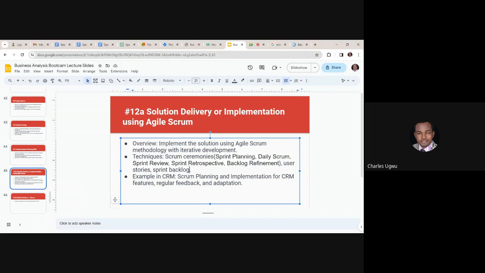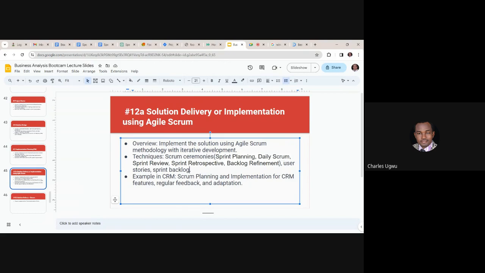All these user stories, sprint backlog we stated about, these are the things that the business analysts need to work with. You need to work with this group. You need to work with all these items, these techniques, using these Scrum ceremonies in order to deploy this solution.